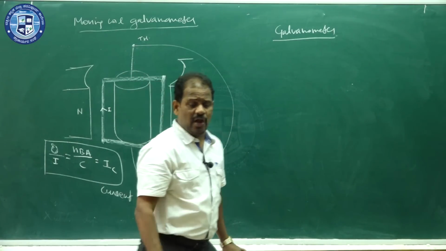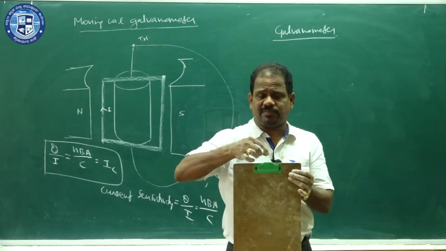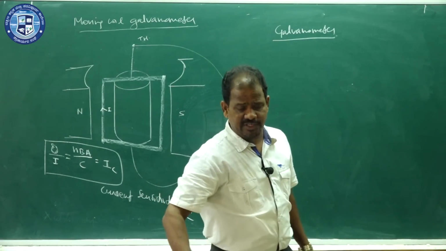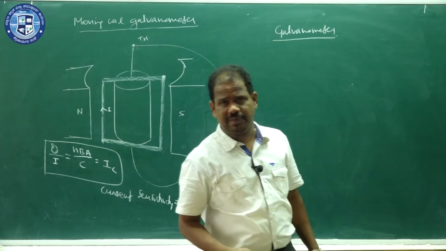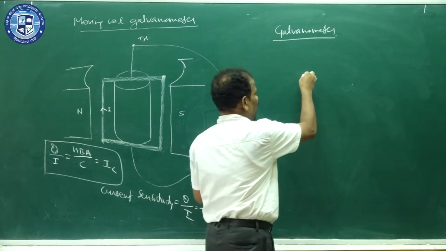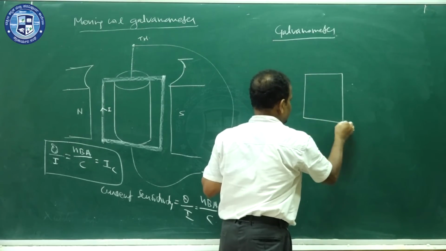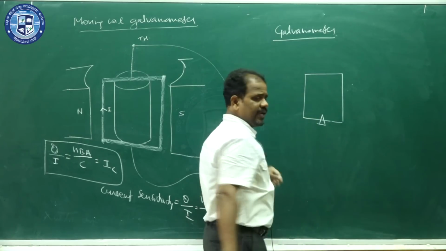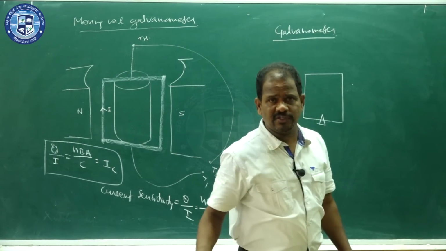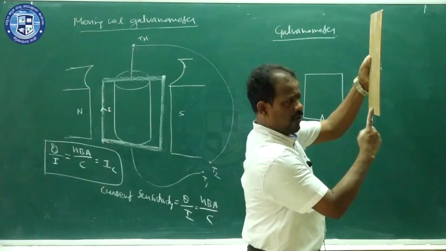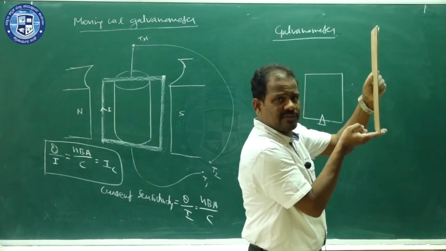In the moving coil galvanometer, the coil is suspended by a phosphor bronze wire. Whereas in the pointer galvanometer or table galvanometer, we have a coil which is pivoted. Pivoted means what? This is a coil. You put a screw in the middle and fix it on the base.